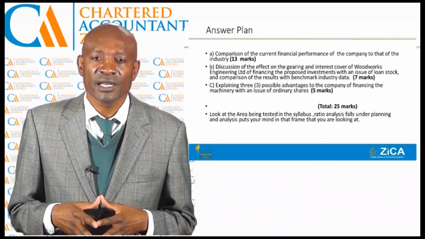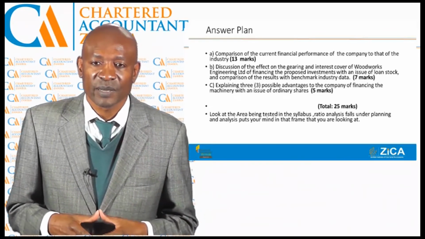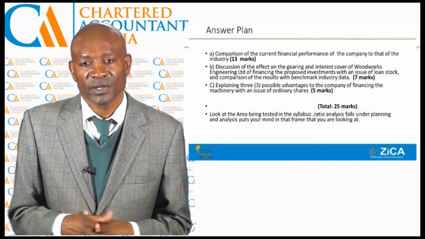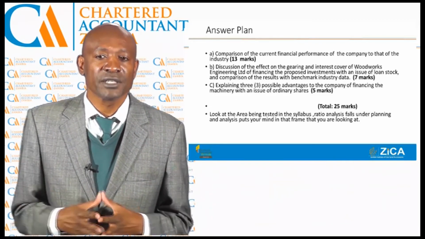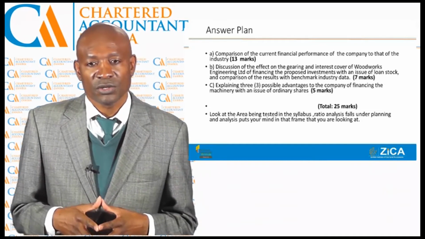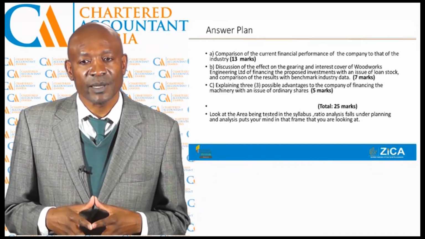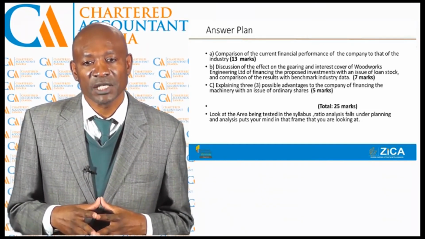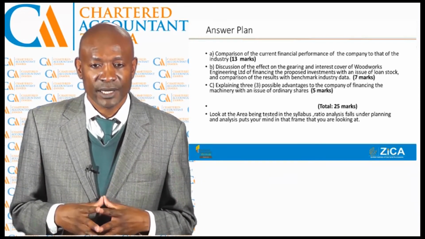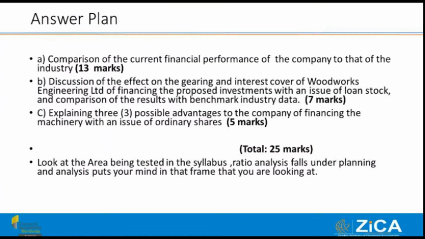Part A requires a comparison, part B requires a discussion, and part C requires explanation. Then look at the area being tested in the syllabus. Ratio analysis falls under planning and analysis. So put your mind in that frame, that you're looking at ratio analysis. In terms of the key deliverable, it would be a report.